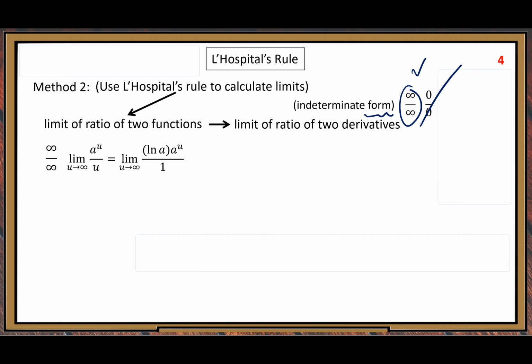That's natural log of a times a to the u. The denominator derivative is just 1. For the denominator, we use the power rule. In derivatives, there is a power rule.